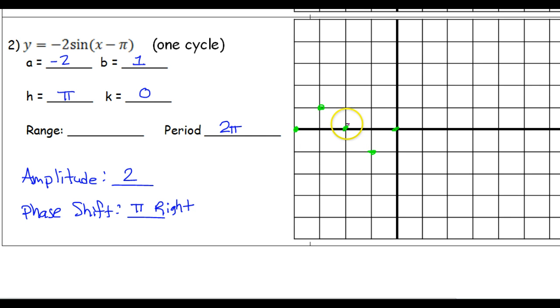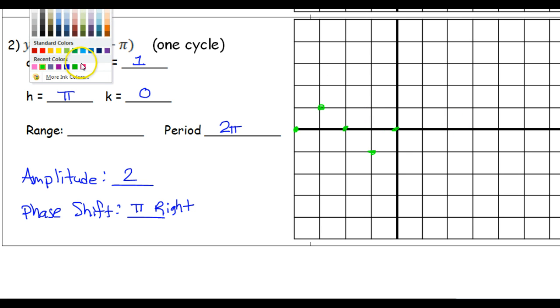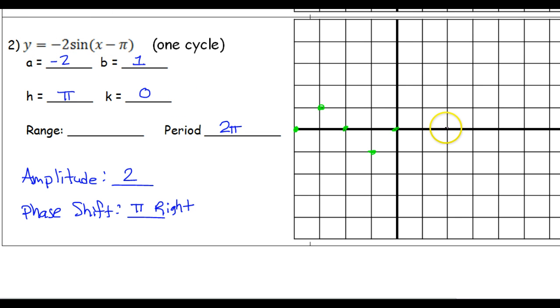So instead of doing what it normally does, this time it's going to go midline, down, midline, up, midline. It's a reflection, so it'll be upside down. So instead of starting and going up, this time we're going to start at the midline and go down. So just be ready for that.